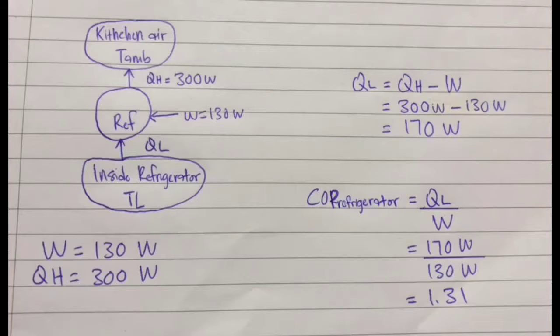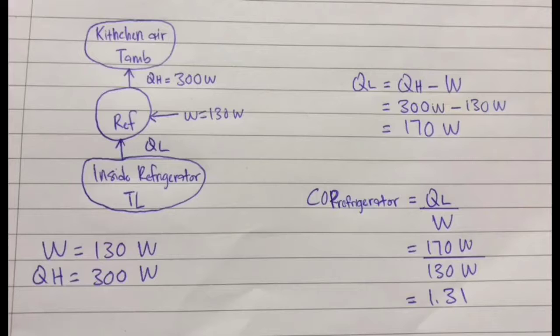This is also the rate of energy transfer into the cool space from the warmer kitchen due to heat transfer and heat exchange of cool air inside with warm air when you open the door.